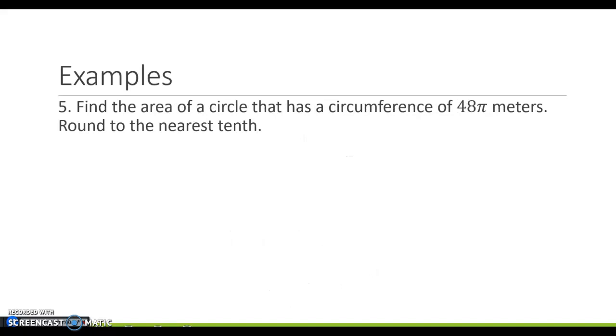So we're going to find the area of the circle given the circumference. So this time they're giving me the circumference. From the circumference, we're going to find the radius, and then we're going to use that to find our area. So circumference is 2 pi r. So I know the circumference is 48 pi.